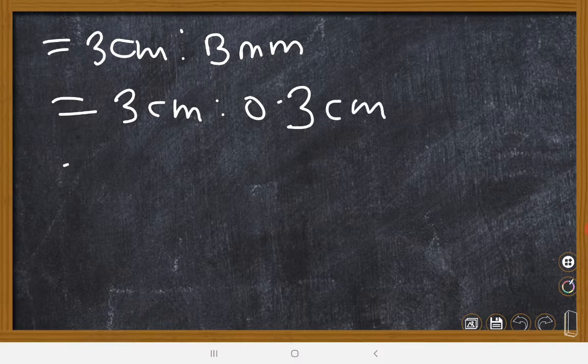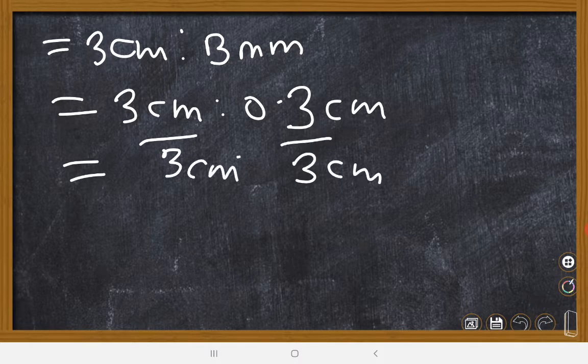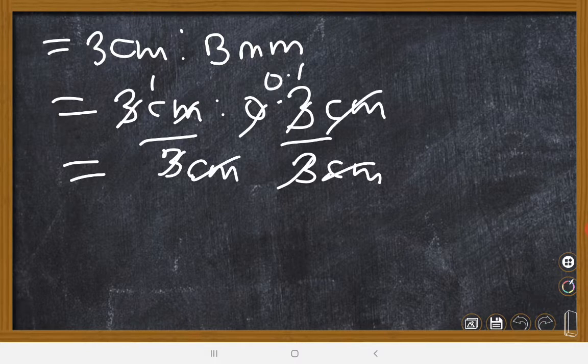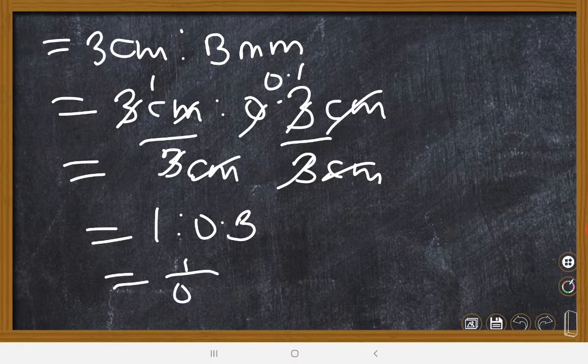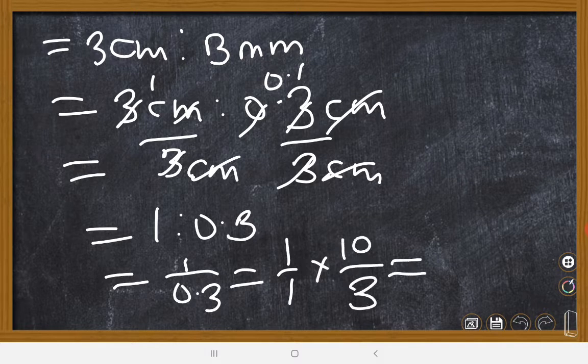If you divide both sides by 3 centimeter, the answer is 1 ratio 0.1... so the scale is 1 to 0.3, which is the same thing as 1 over 0.3, which is 10 over 3. So the scale factor of this drawing that I have done is 3.3.